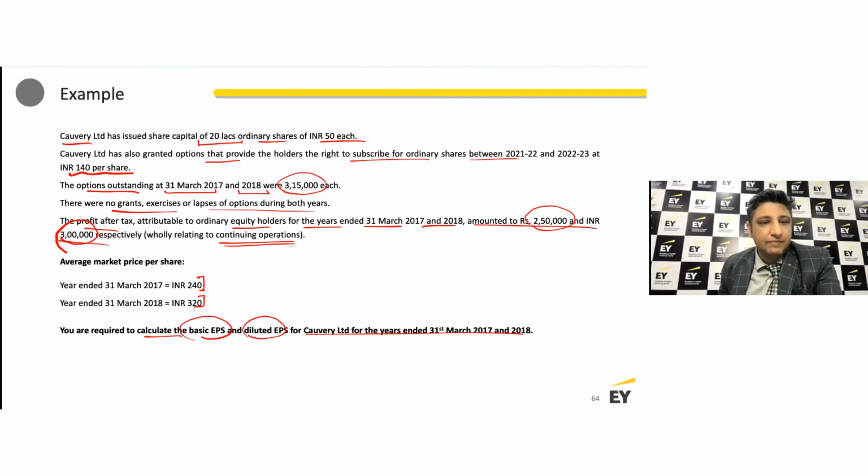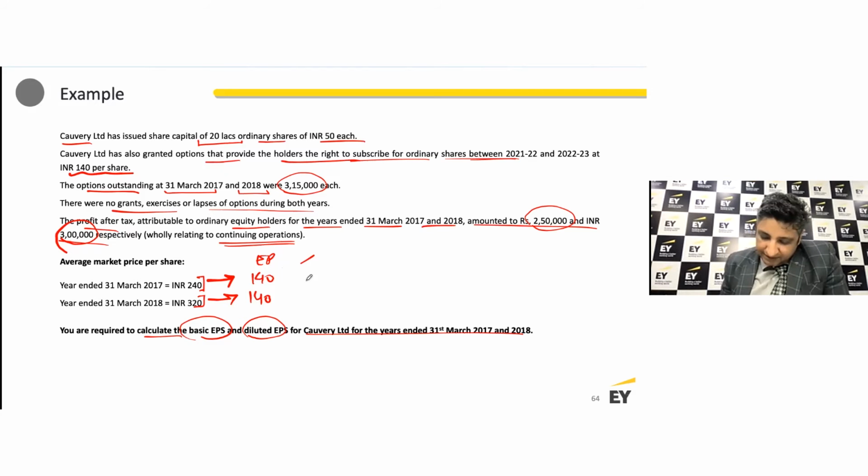Now, importantly, since we're talking about 2 different years, these values are both important because we want to compare these to the exercise price, which is 140 in each of these scenarios. That is what we're given, the right to subscribe for the ordinary shares at 140 rupees per share.